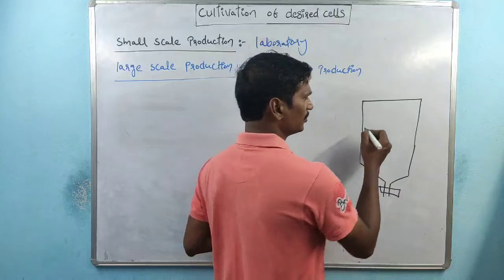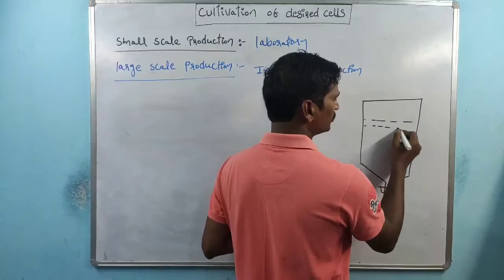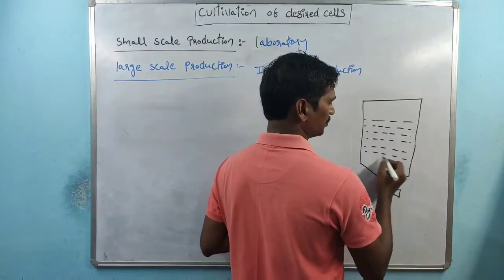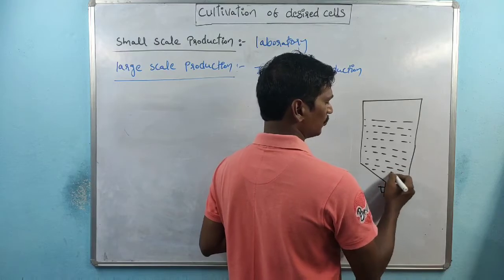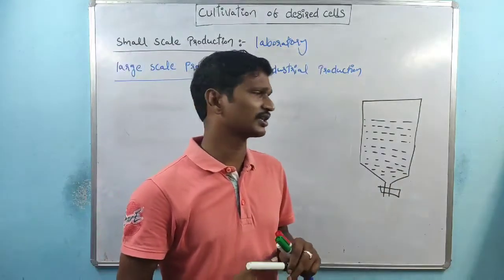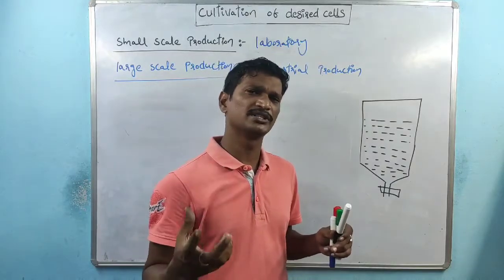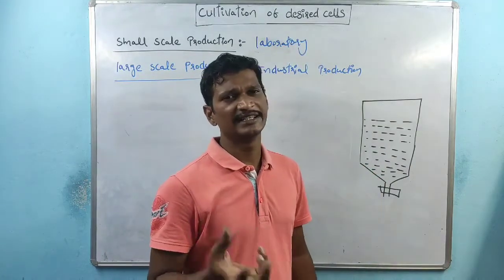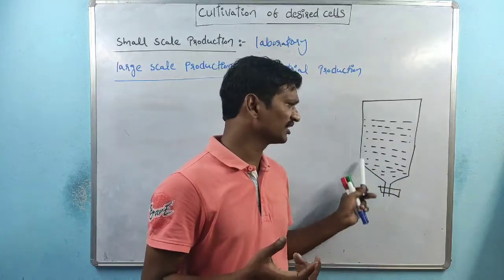Inside the container, we maintain the total nutrients required for the growth of the organisms: whatever minerals, carbon source and vitamin source are required, all these are maintained inside the device.